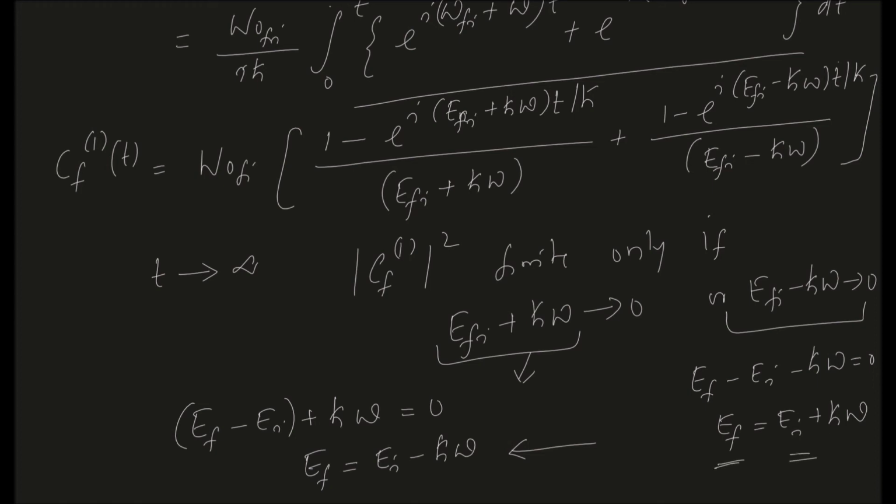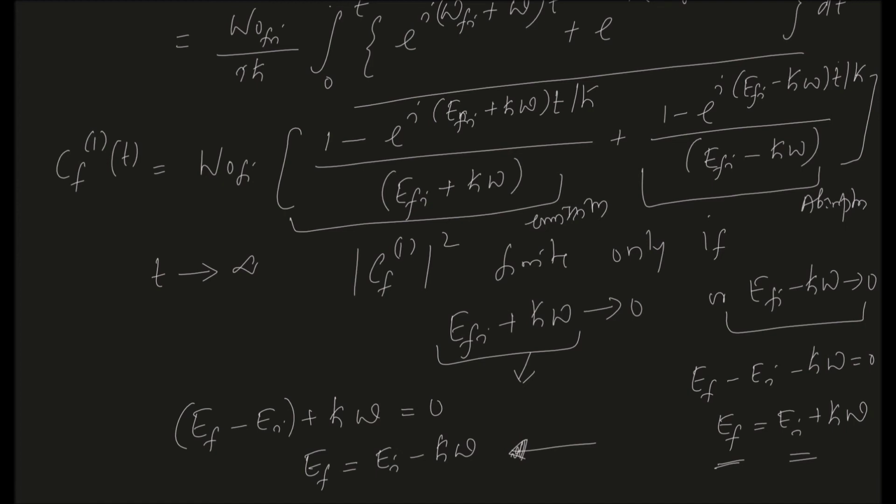So what we have basically here is two processes. This is an absorption process, and this first term is an emission process. So either the system can release some energy or the system receives some energy. Accordingly, there are two possibilities. When the system is subjected to a harmonic perturbation, it can have an absorption or an emission process.